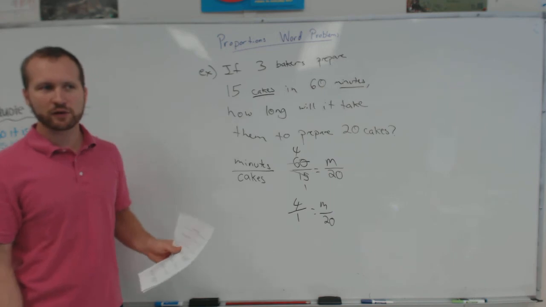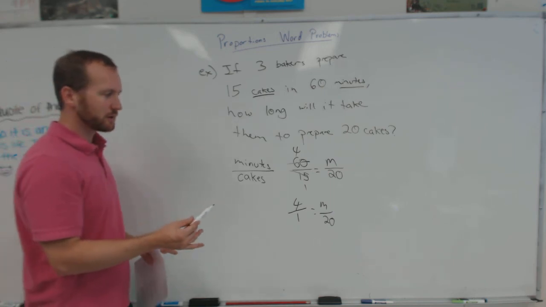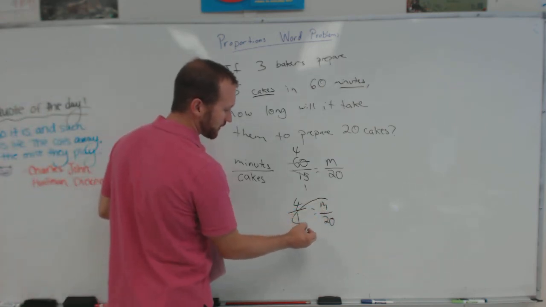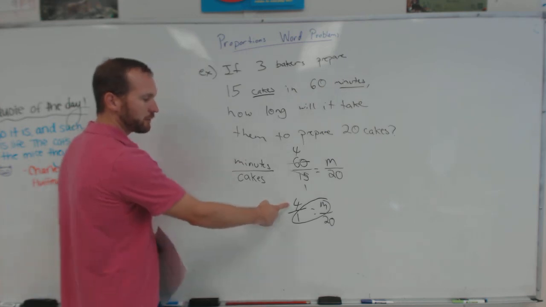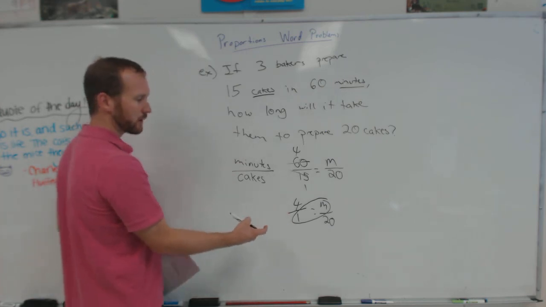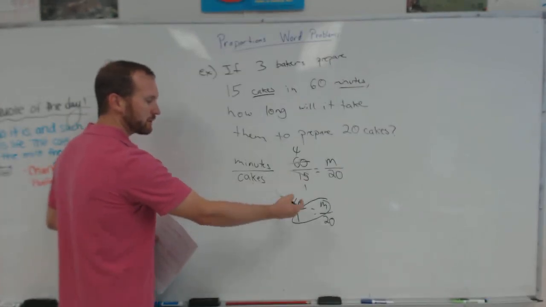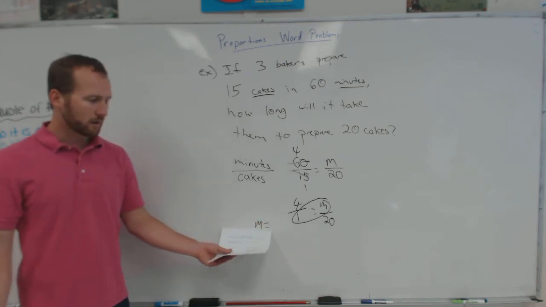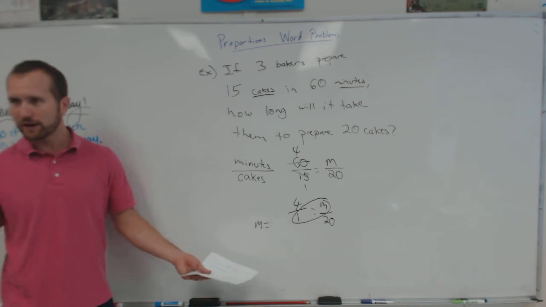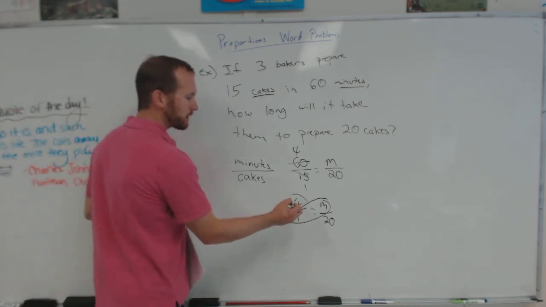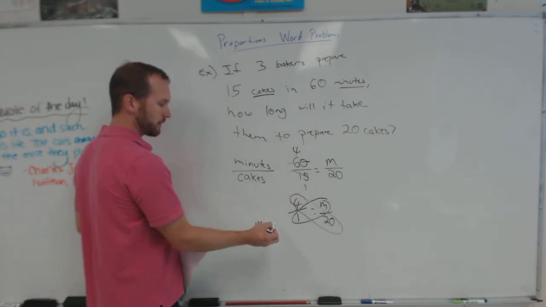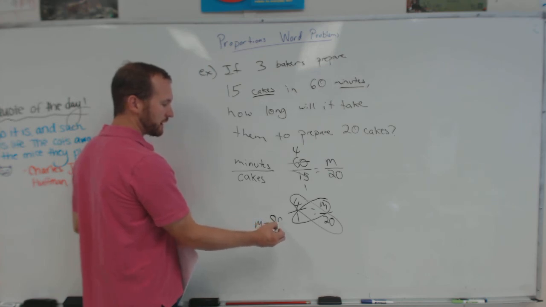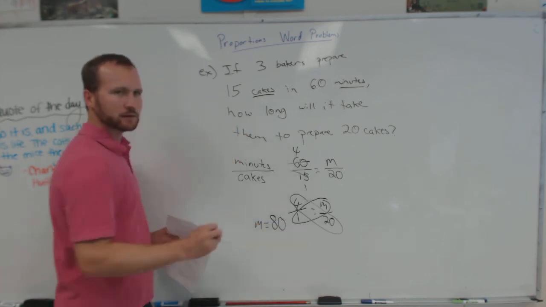Just because if you're going to follow that procedure, it's going to be more obvious how to cross multiply. So even though 4 over 1 is just 4, I would recommend you keep 4 over 1. Cross multiply. M times 1 equals M. 1M. M. All the same thing. Other side. 4 times 20, 80. I'm done.